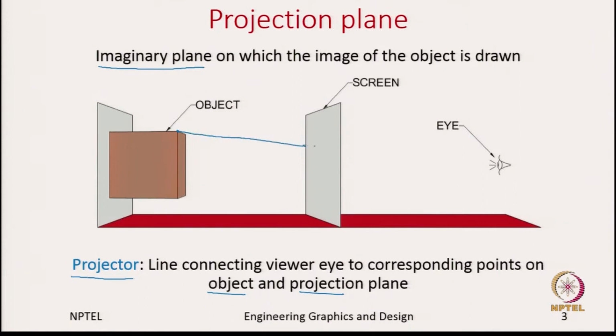This line will intersect the projection plane at a point, let us say this is the point. So, essentially this particular line is called the projector. This terminology is important as we go along in this lecture. So, we have introduced this new terminology called the projector.